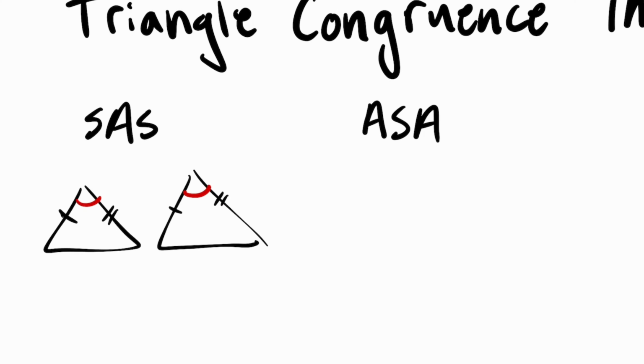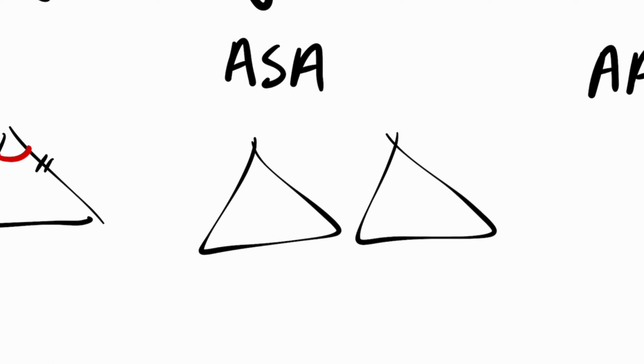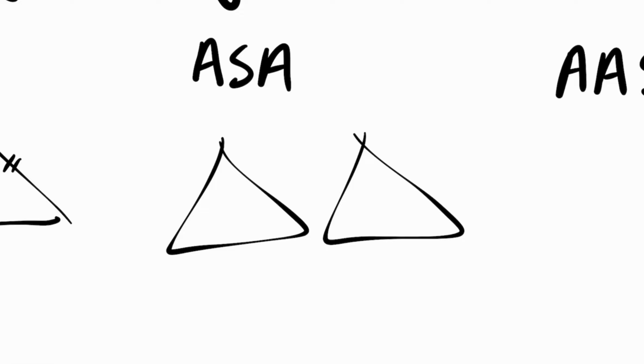Same thing sort of applies with ASA, or angle side angle. So here, same idea, but now you've got two angles that are marked. So maybe something like this. And the side that's marked has to be the one that sort of connects the two angles that are marked. So something like this and this, right?